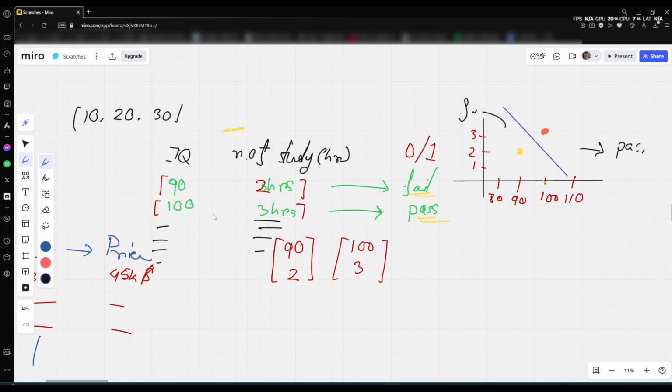Many points will be placed here, and more points will be placed here. If a point is here, what will our model tell? That this person has passed the exam, right? And if a point is here, our model will predict that this person has failed.